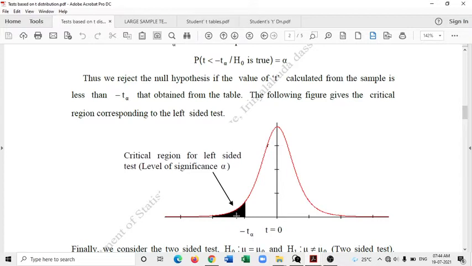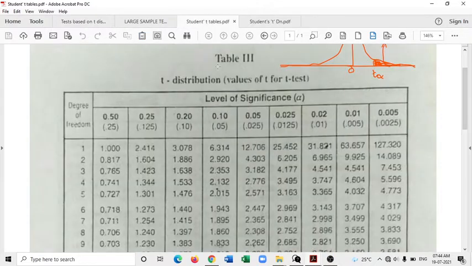So we reject the null hypothesis if t is less than minus t alpha, and t alpha can be obtained from tables of students' t distribution. Alpha is one-sided, that is, the significance level is completely assigned to one side only. Therefore, in the tables we refer to 0.05, the level of significance, in the lower row, that is the row representing one-sided areas.